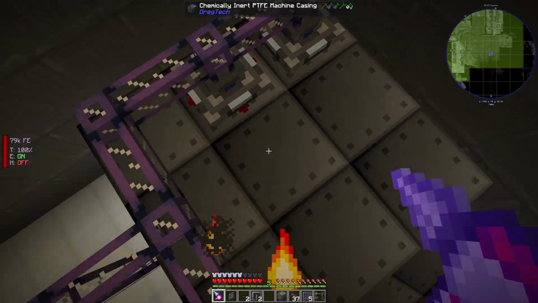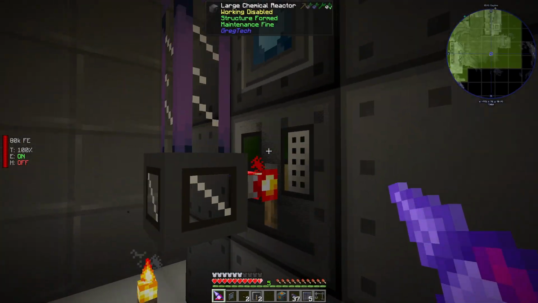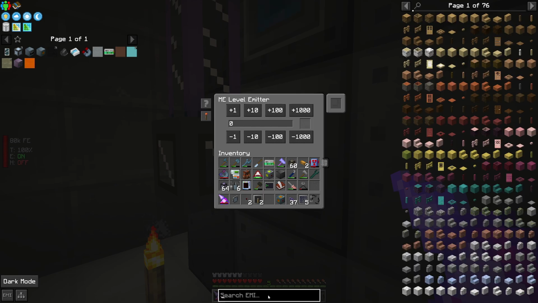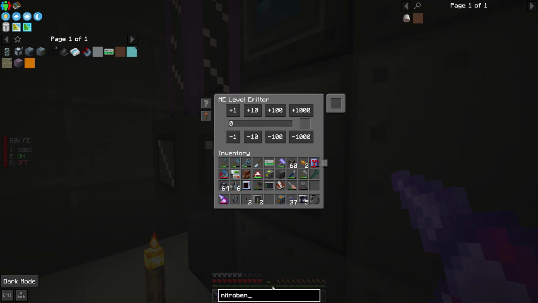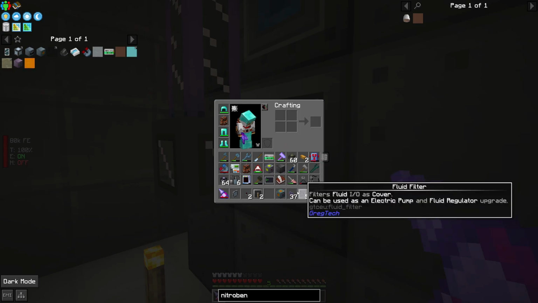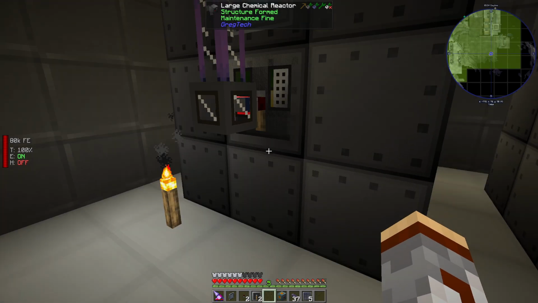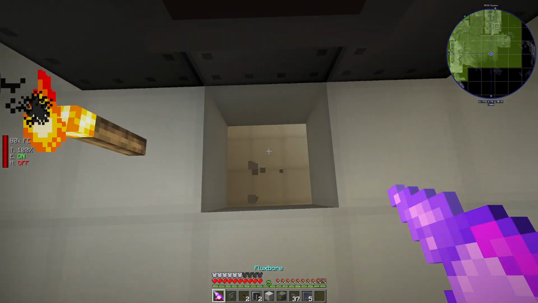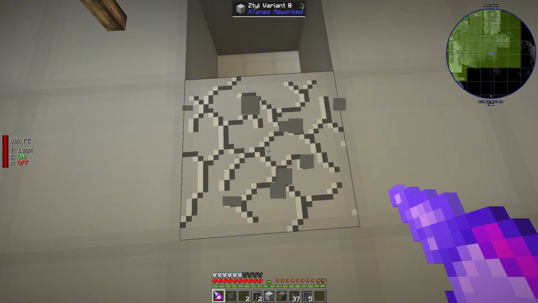So now we just need to get distilled water. And then for this, I'll just say like, I don't know, 256 buckets. Now we still need to set up the power. Oh, right, we need to get one more block.